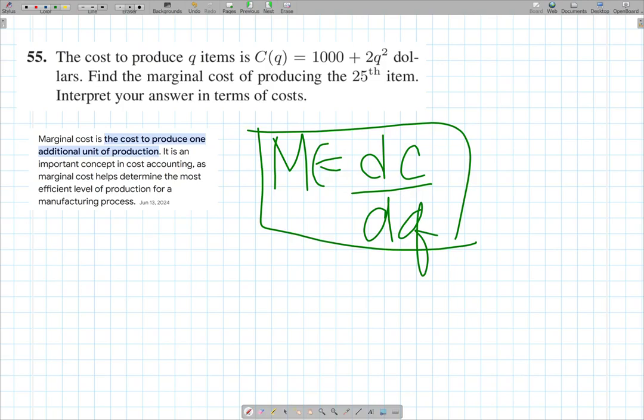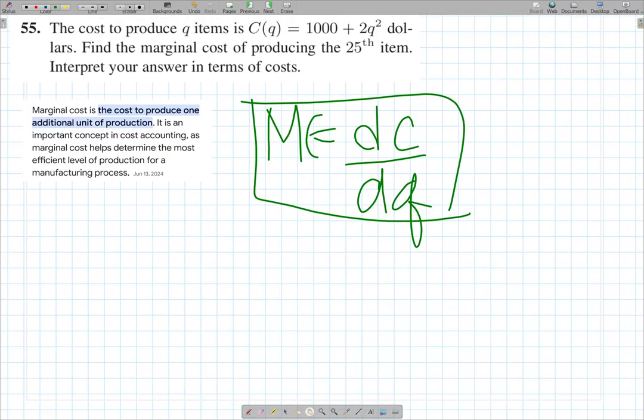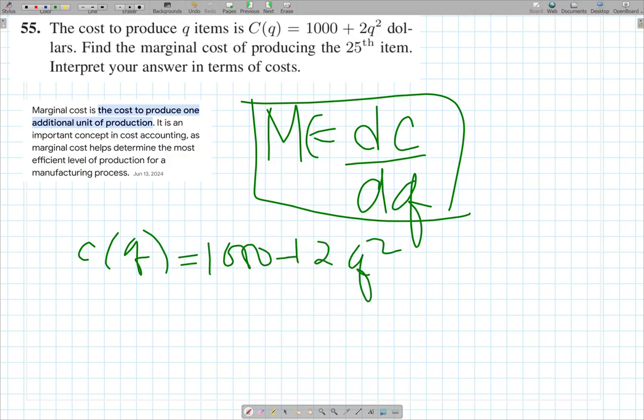Okay? So may binigay na equation ng cost in terms of Q. C of Q is equals to 1,000 plus 2Q square. So since the question is we have to find the marginal cost, or we are looking for the dC over dQ, we will just derive C in terms of Q. Makikita natin class sa equation natin, ang ibig sabihin ng C dito is the cost to produce.